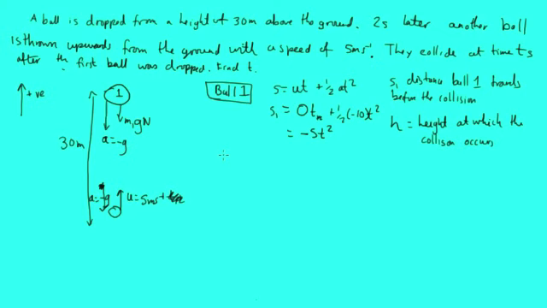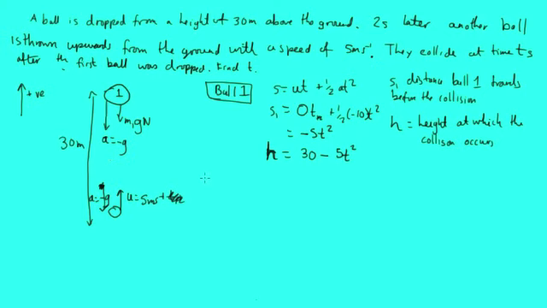So we know that h will be 30 minus 5t squared, because the ball's been released at 30 meters, and then it travels down some distance, 5t squared. So the height at which this collision occurs will be this.